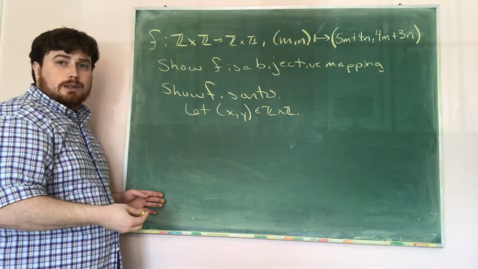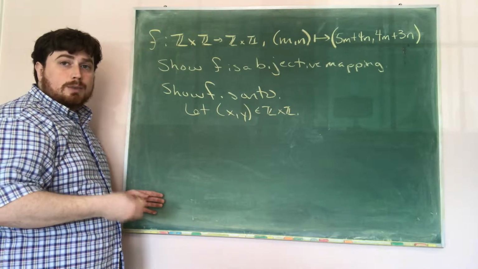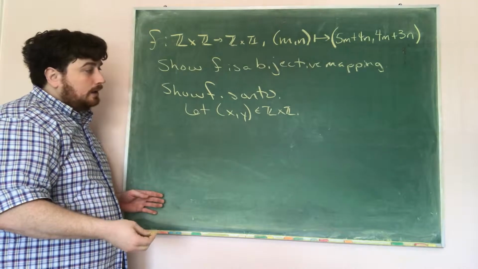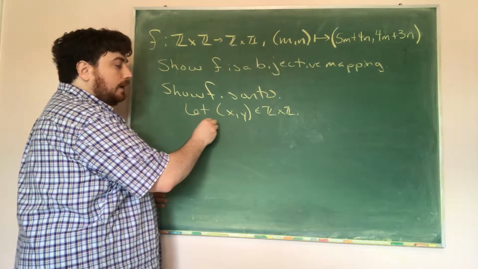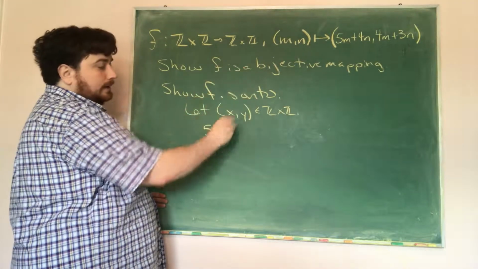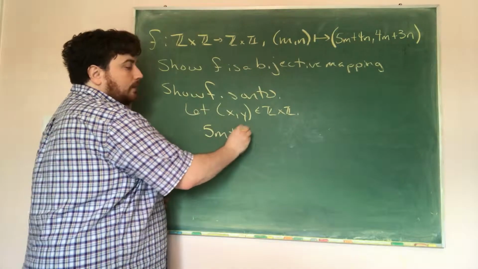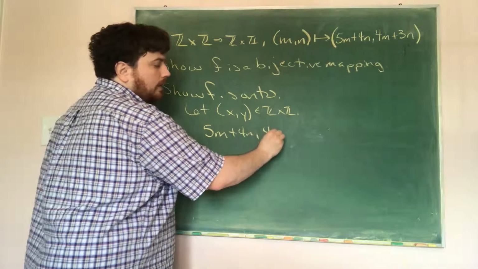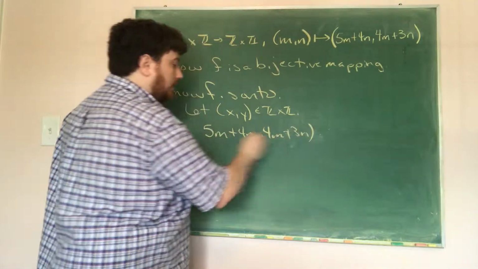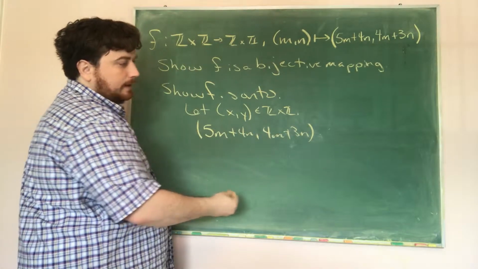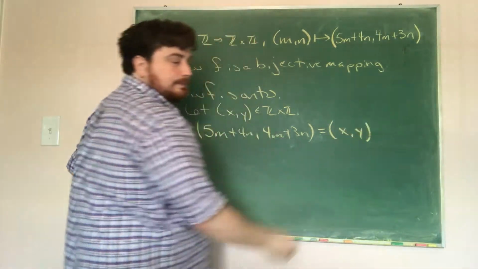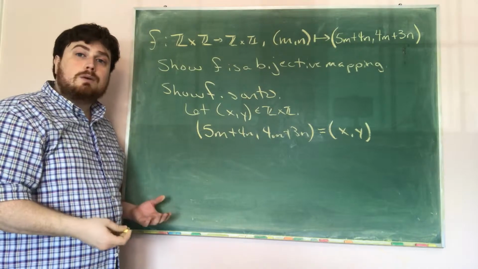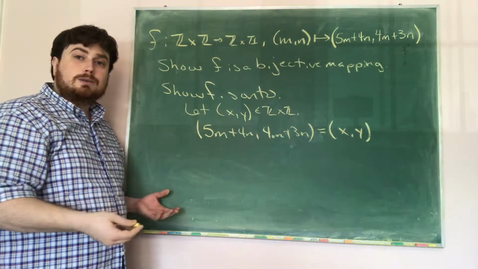What I need to do is find an (m, n) that gets mapped to (x, y). In order to do that, f(m, n) is going to be (5m + 4n, 4m + 3n), and I have to find an m and n such that this is equal to (x, y). Since we have an ordered pair equal, that means that the terms are equal.